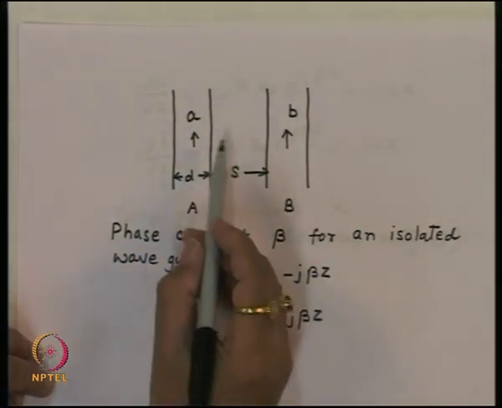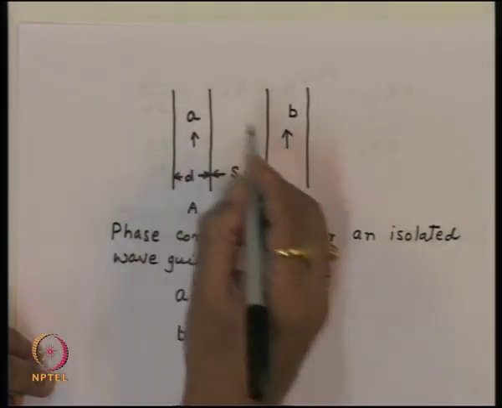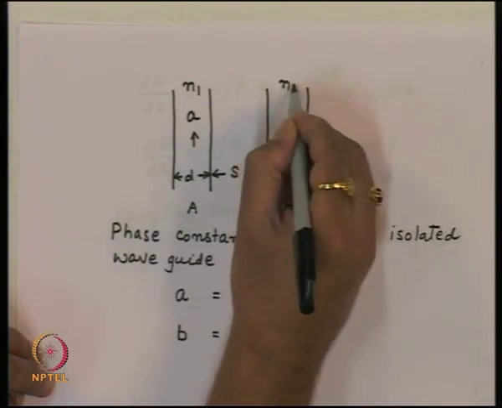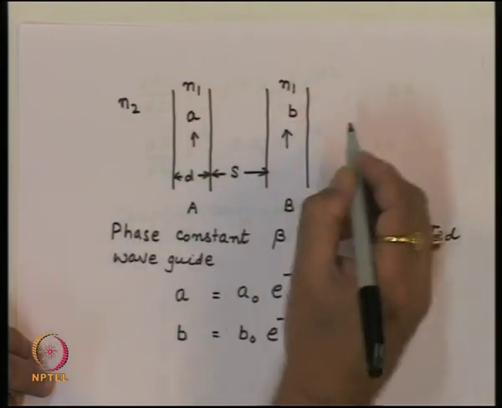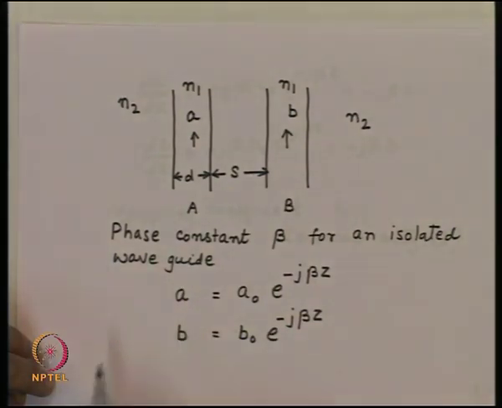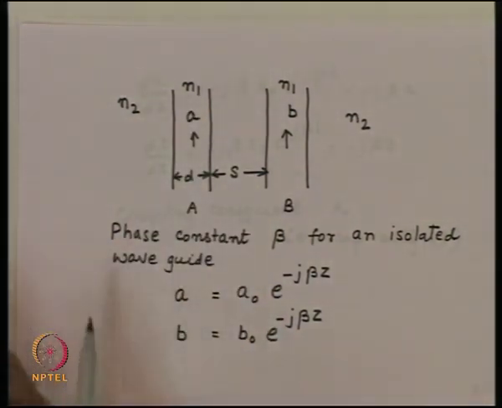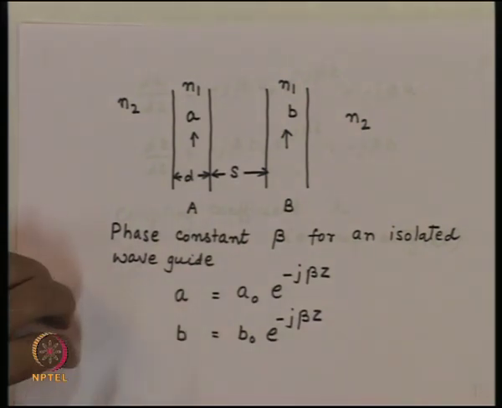It will also depend upon the refractive index of the two materials. So let us say if I take refractive indices N1 and N2 in the remaining medium, it will also depend upon the refractive indices N1 and N2, and it will also depend upon the frequency of operation or the wavelength of the signal which is exciting the structure.